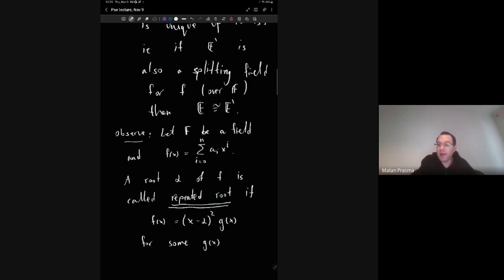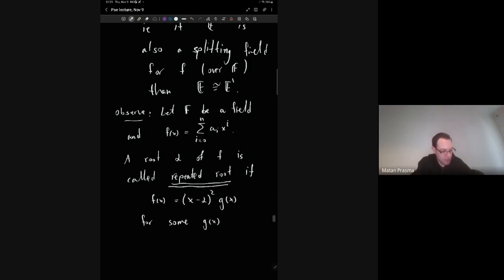And what I claim is that there is a simple criterion to see when a polynomial has a repeated root.